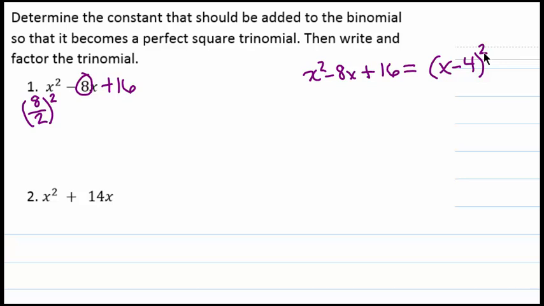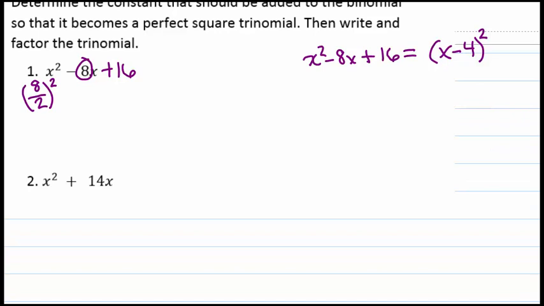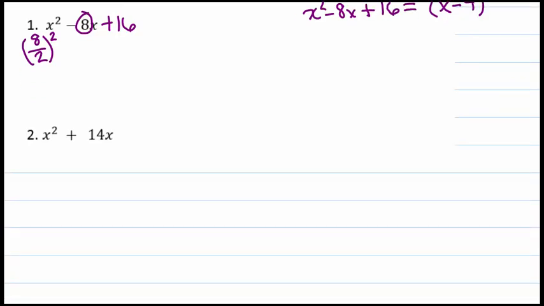Now let's look at our other example down here. We have another example here. So I'm going to do the same thing. I want to know what's going to make this a perfect square trinomial. It's always what the constant is that you're going to add. So what constant am I going to add when I take the coefficient of my middle term?